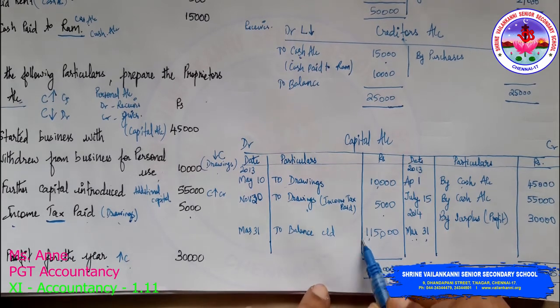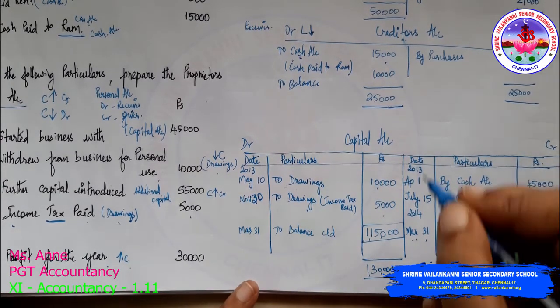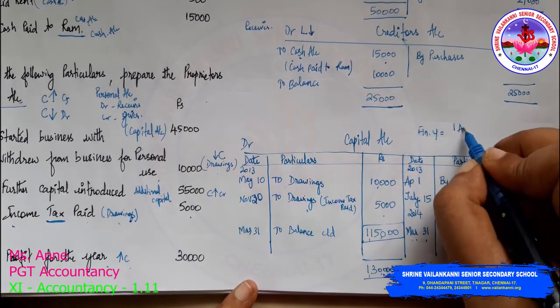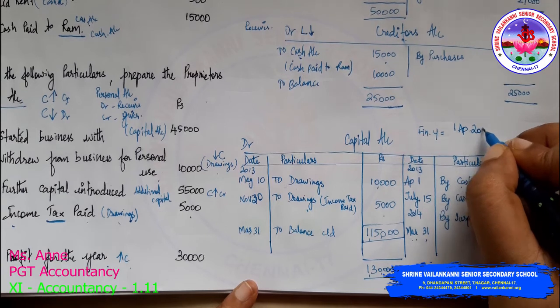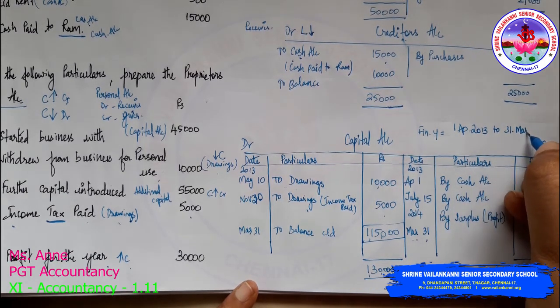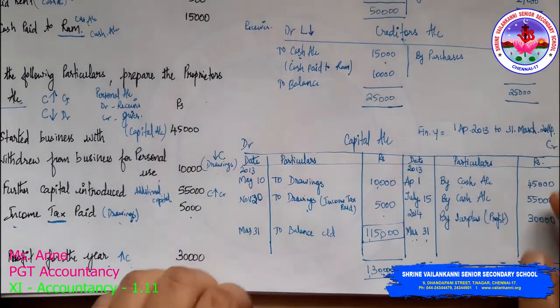So this is my balance. So completed. The financial year is from 1st April 2013 to 31st March 2014, as you can see.